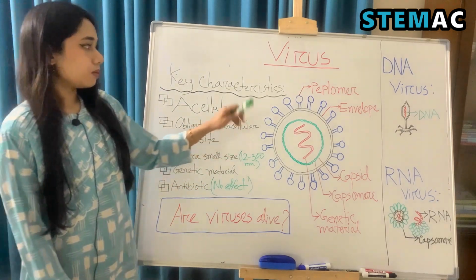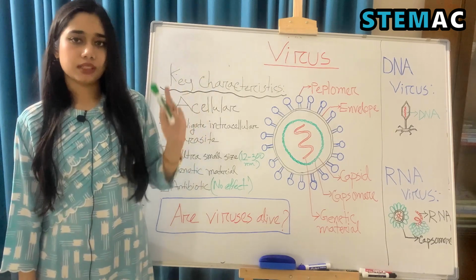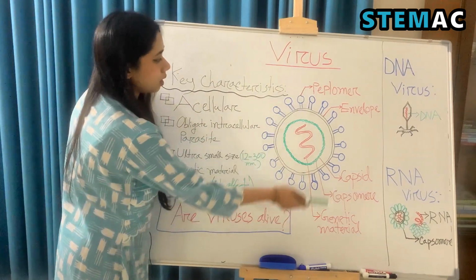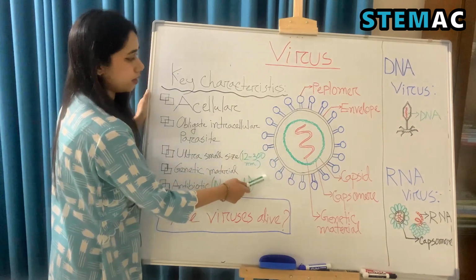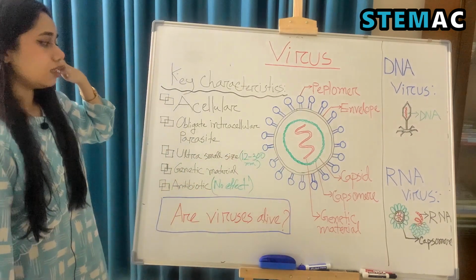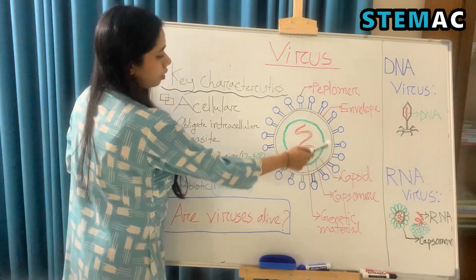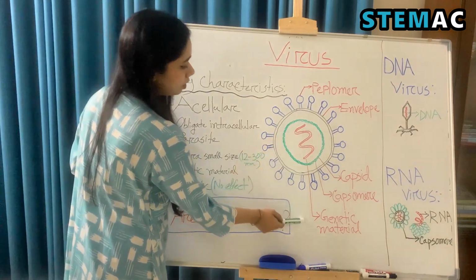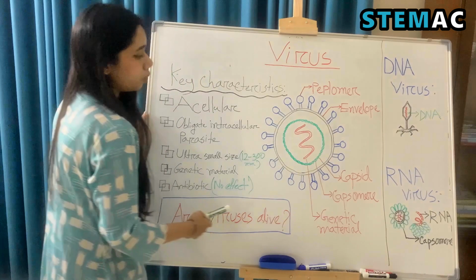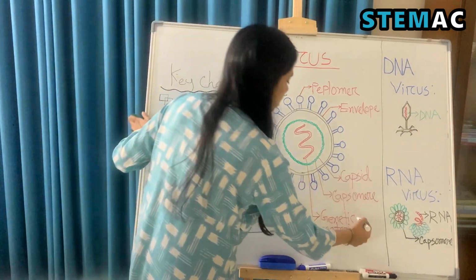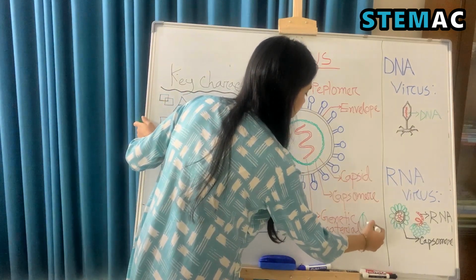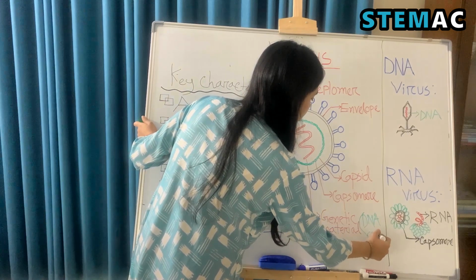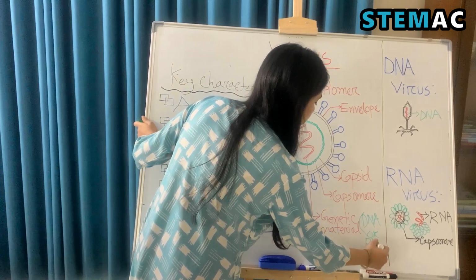Now let's see what a virus actually looks like. So this is a very simple figure or structure of a virus, and in the middle of this figure we can see that there's the genetic material, which are either DNA or RNA.